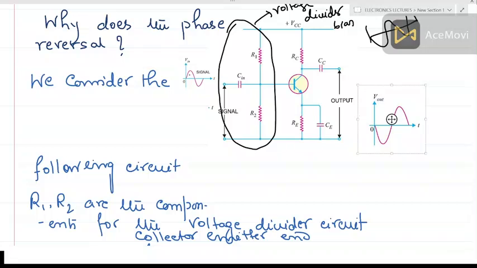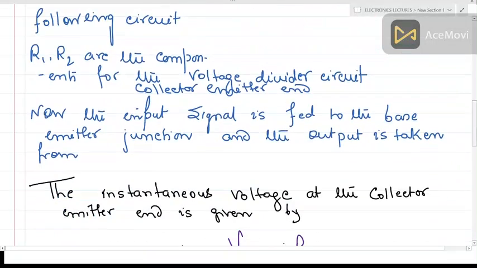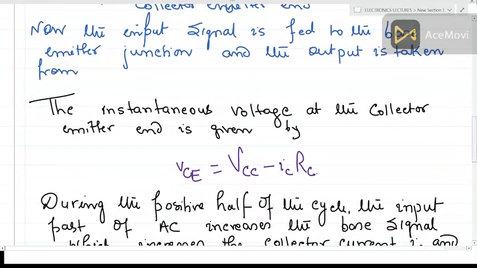You have to understand the definition: during this positive peak of the input signal, the output is increasing in the negative sense. It is not that amplification is not occurring. You can say that during the positive half of the input signal, the output is increasing in the negative sense. This is called phase reversal.